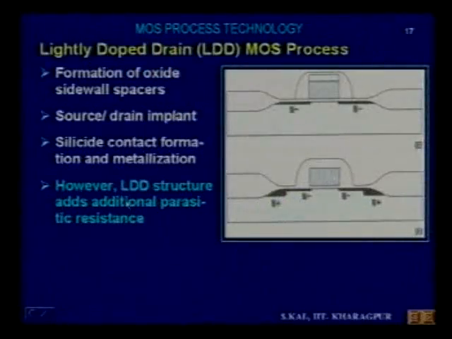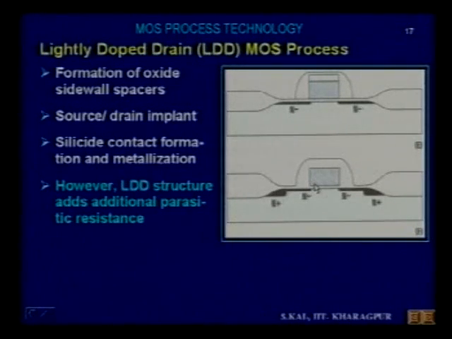Okay. So now only the contact regions, source and drain contact region and the gate region, the silicide will form, and in the rest of the region silicide will be removed. That is self-aligned silicide, which is known as salicide. So this completes the process of LDD MOS transistor.